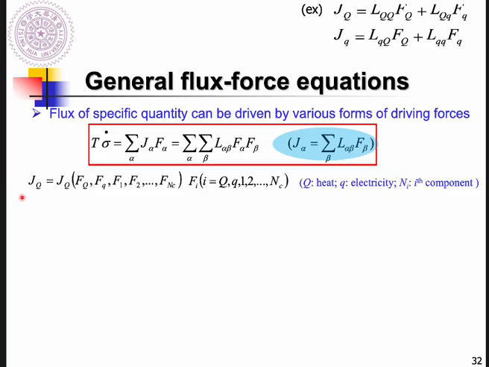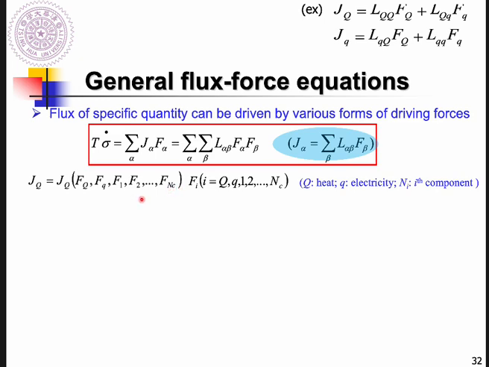What this means is that, to give you an example, the heat flux is influenced, is changed by various driving forces. It can be the temperature gradient, electrical potential gradient, and so on, interfacial potential difference, something like that.